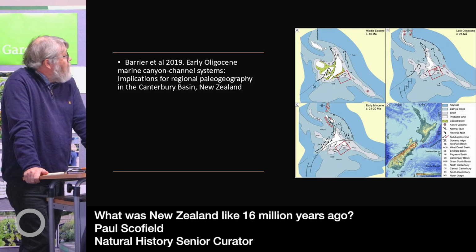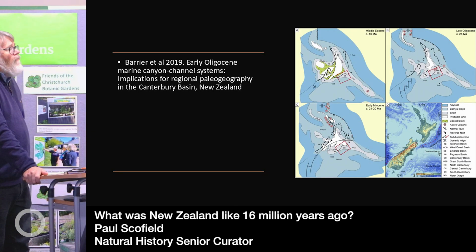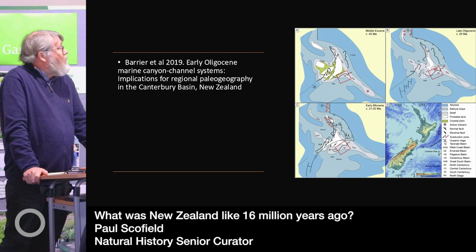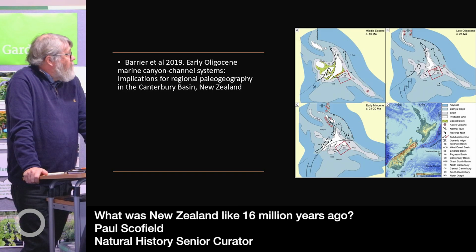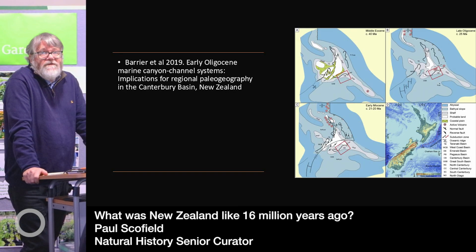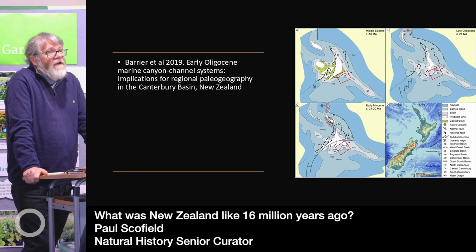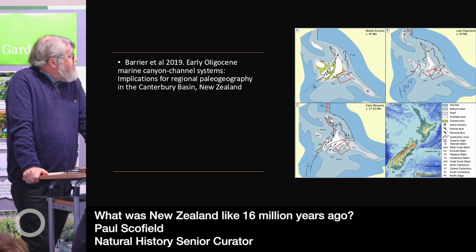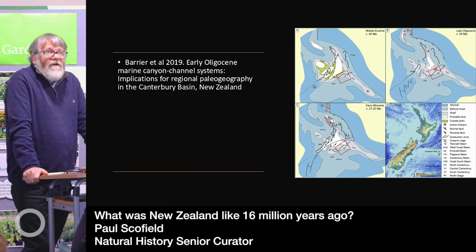There was a small piece of land in the Southland area and maybe a few islands in between, and a larger piece of land in the Northland area. And all the animals and plants that were on the piece of land that was New Zealand when it drifted apart from Antarctica and Australia, the only representatives of that flora and fauna are the ones that were actually on those pieces of land.